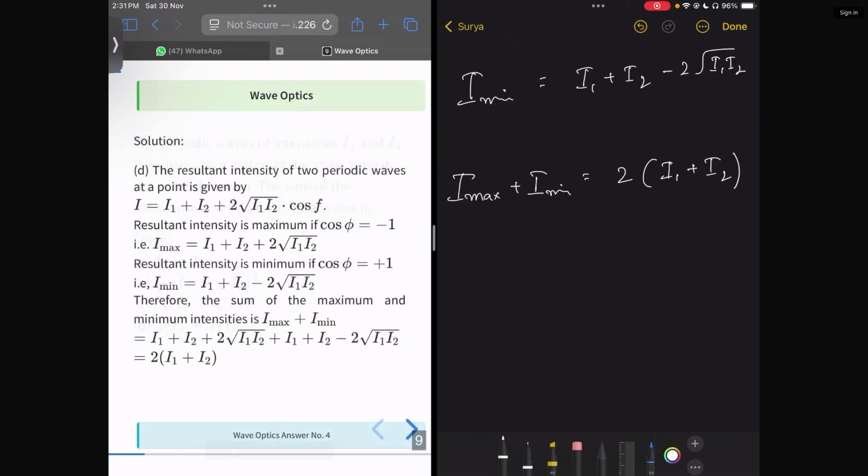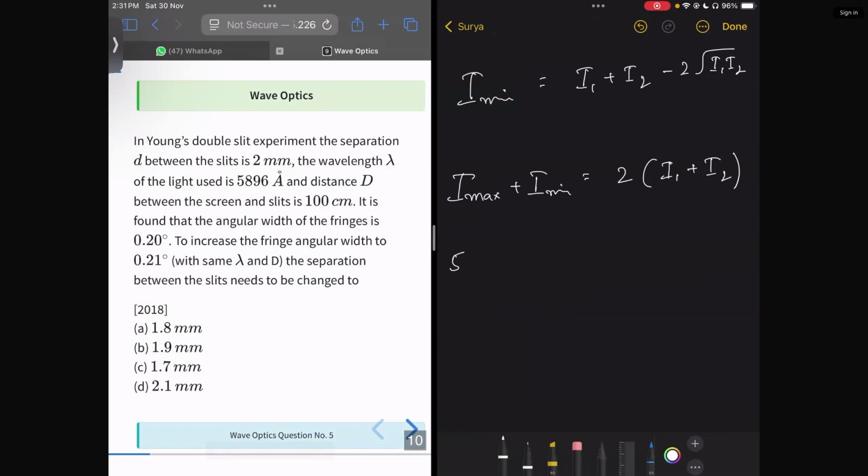So next question. In Young's double slit experiment, the separation between the two slits is 2 mm, and the wavelength of light used is lambda equal to 5896 angstroms.